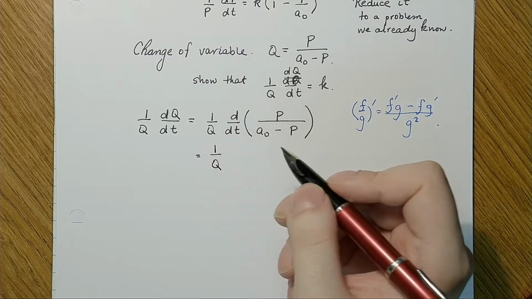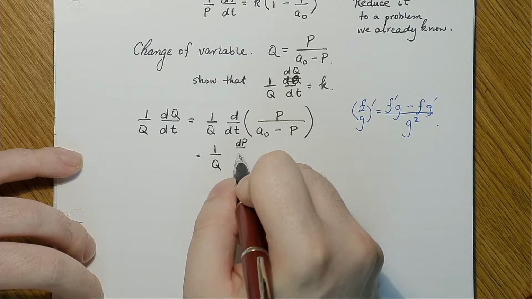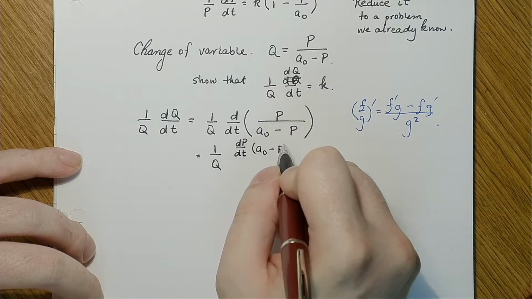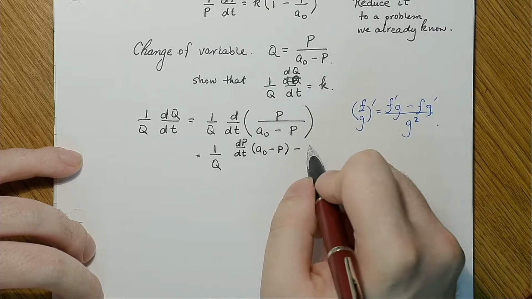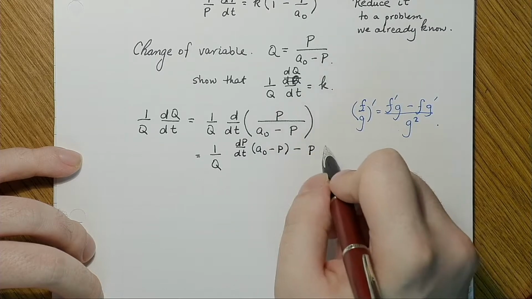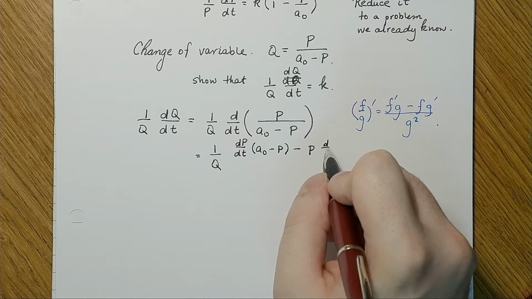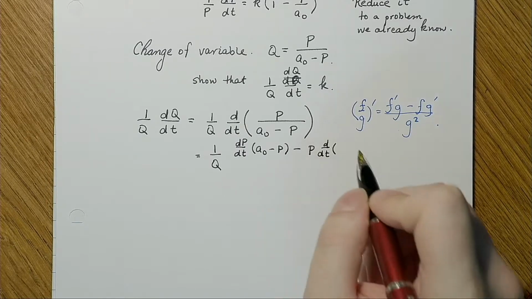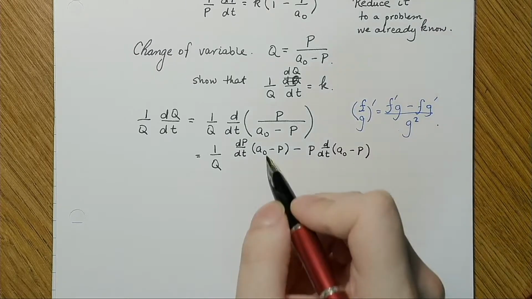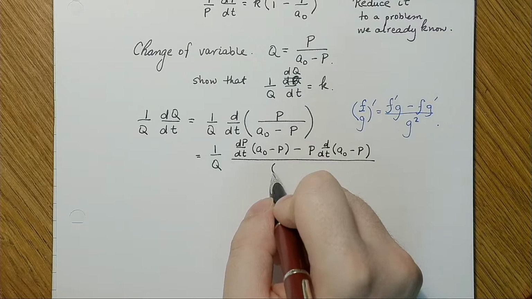So the derivative of the top is just dp by dt times the bottom, minus, I'm going to leave the top alone, so p times the derivative of the bottom. I'm just going to write d, as I'm going to have to take that derivative with respect to t, of a naught minus p, all over the bottom squared.